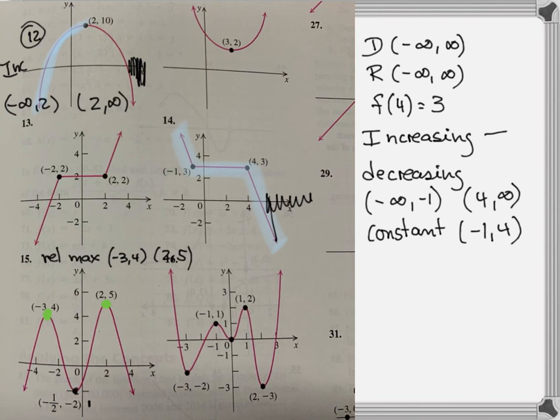What's my relative minimum? Relative minimum? Hello? -1/2, -2. Somebody say something. Yes. Yes. Now, let me ask you for number 15. How many turning points do we have? 3. 3.